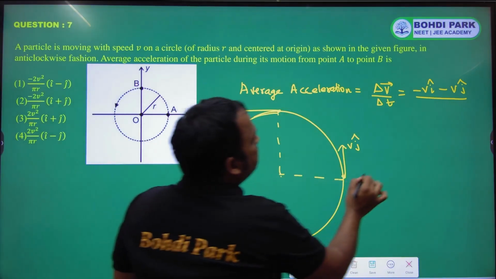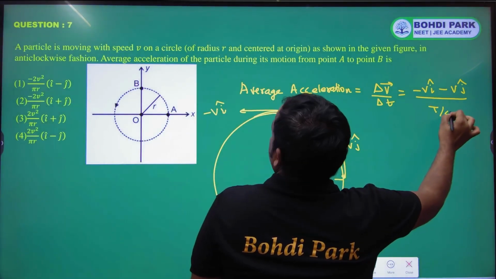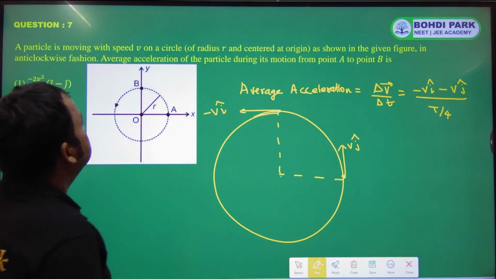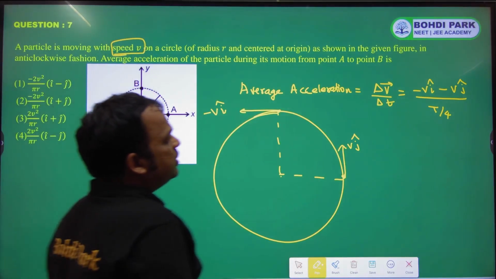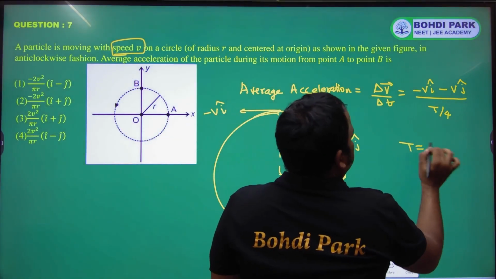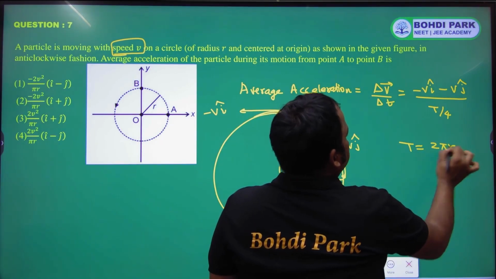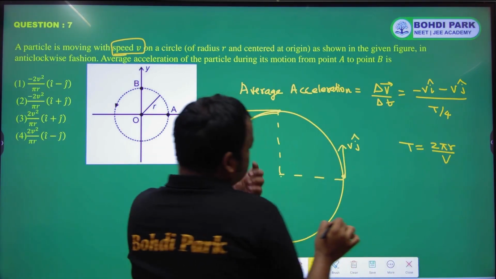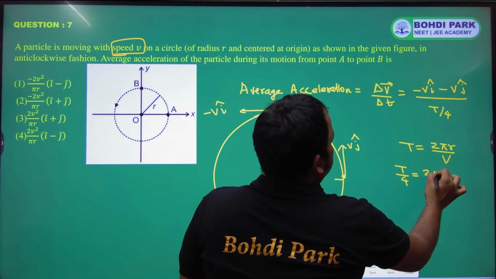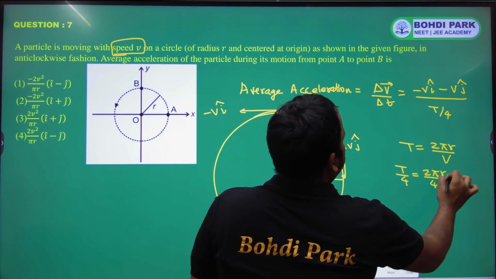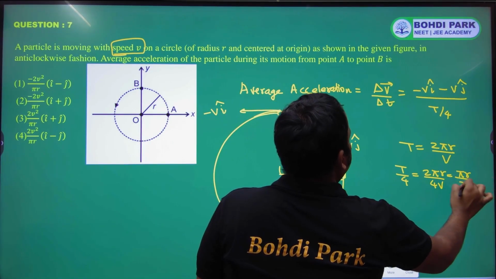So time taken will be T by 4. Speed is v. So we can find the time taken. Time period will be 2 pi r by v. So T by 4 is equal to 2 pi r by 4v. That means pi r by 2v.